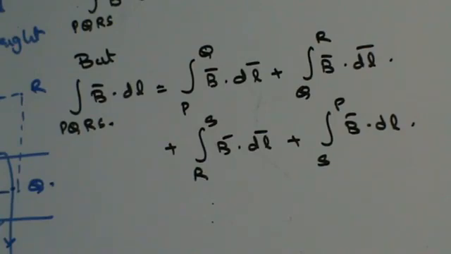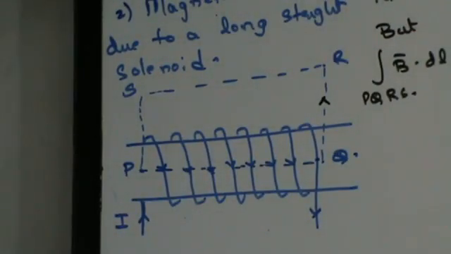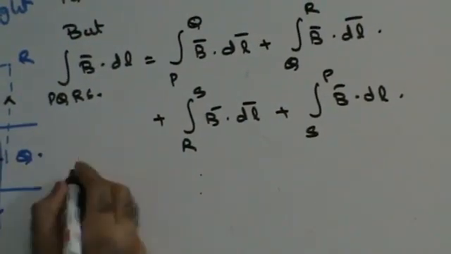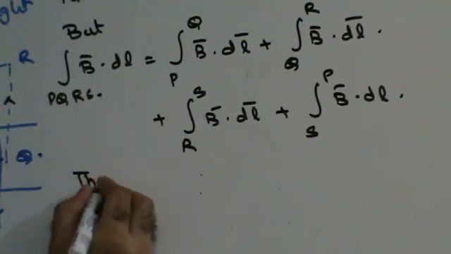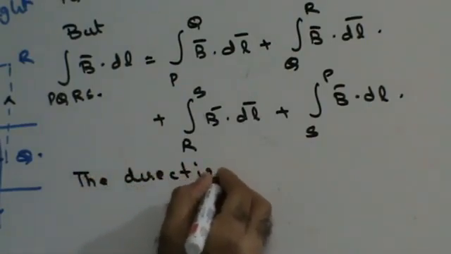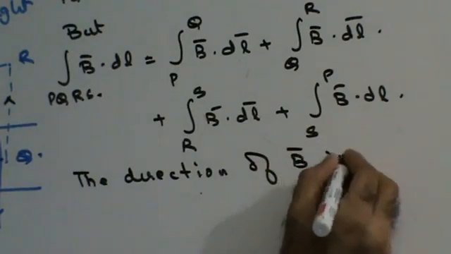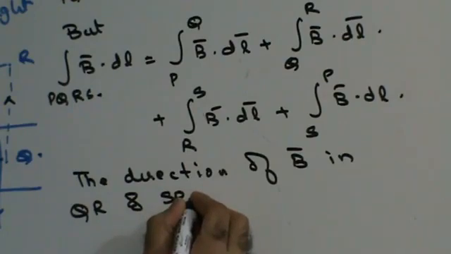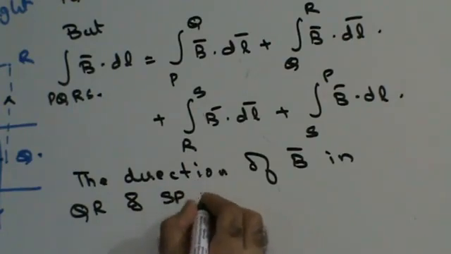Now, I can say that the direction of B vector in QR and SP will be opposites.